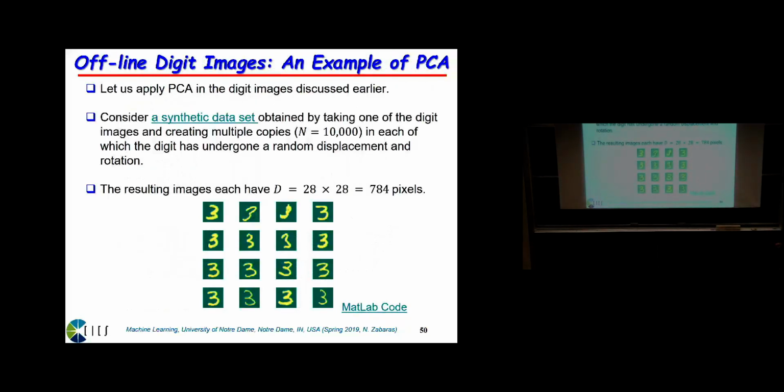And similarly, you can do these things with different variations of the digit 3. You can take 10,000 of these versions of 3, where they vary by translations in X and Y and rotation. Each of these images lives in pixel form 28 by 28, in 784 dimensions.